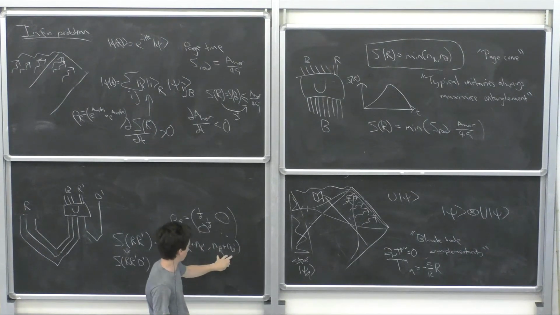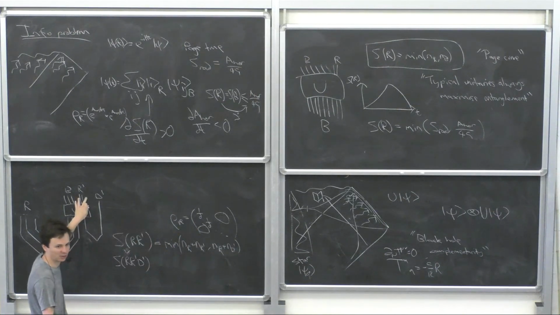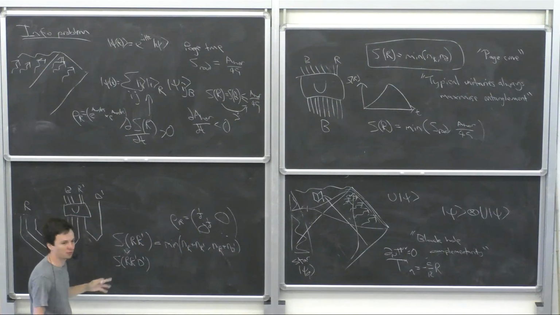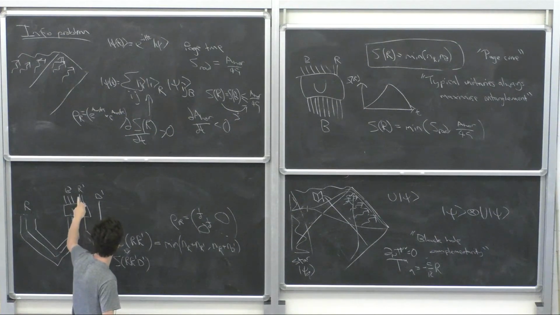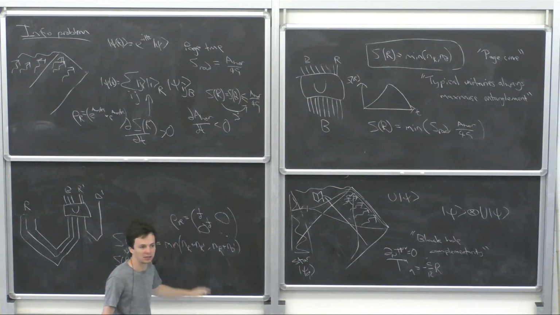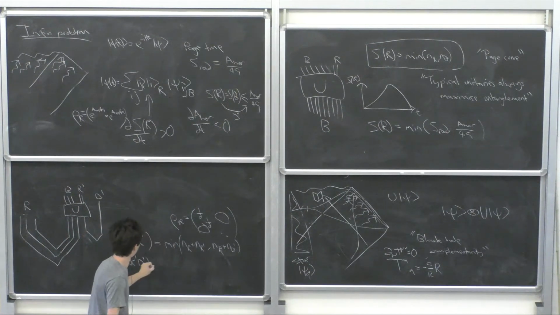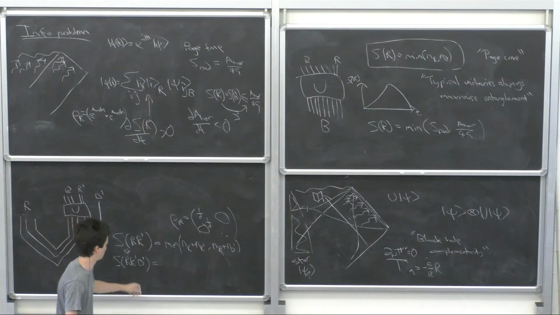And so it's given by this one if the number of extra qubits that have come out up here is bigger than the number of qubits that describe the diary. So if the diary is say 1 qubit, we only have to have 2 qubits come out in R prime for this thing to be smaller than this thing. Okay? What about if we do the same calculation for S of R, R prime, D prime?